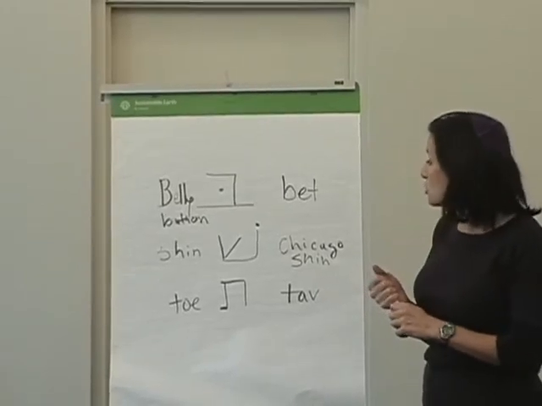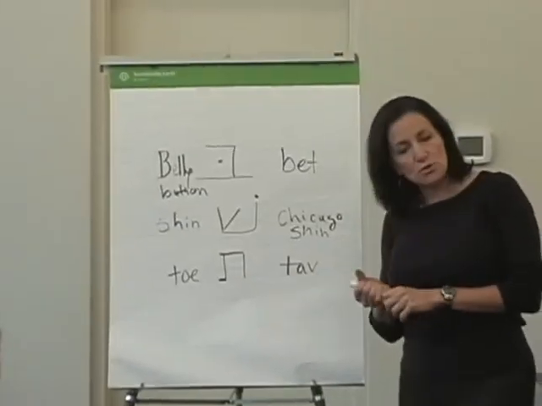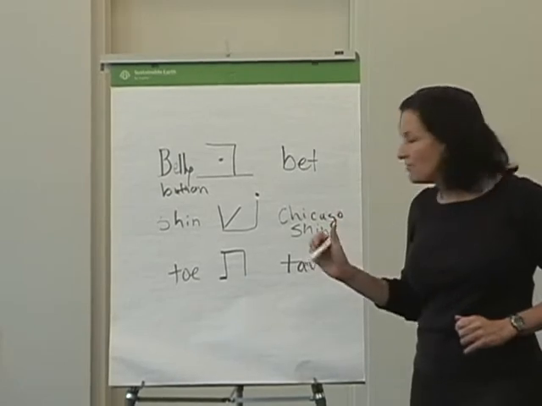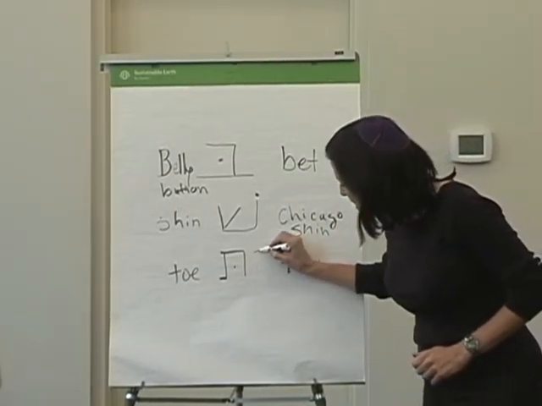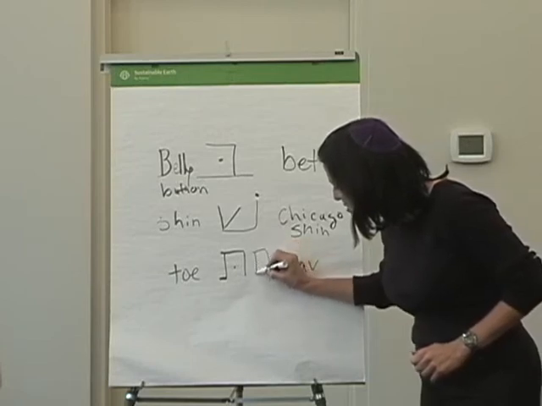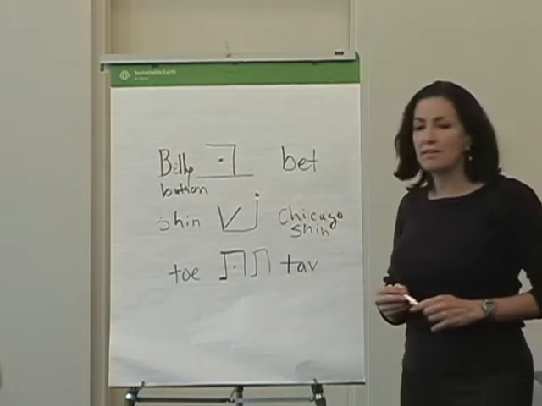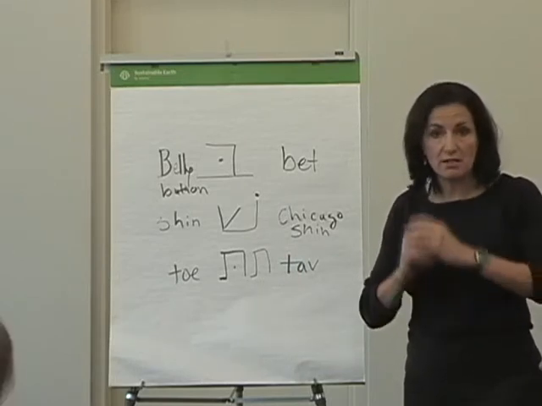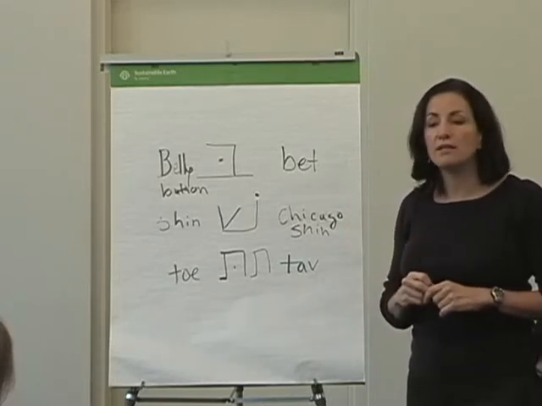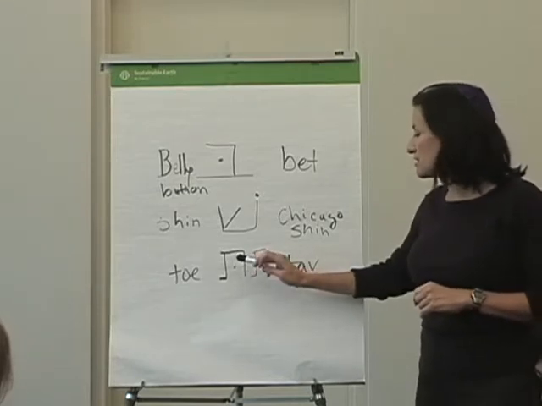Now, just to make things totally insane, sometimes when you see tav, you might see it with or without the dot in it. It makes the same sound. So now we've learned that these dots can show up to make things different, as in vowels, or they can be irrelevant.